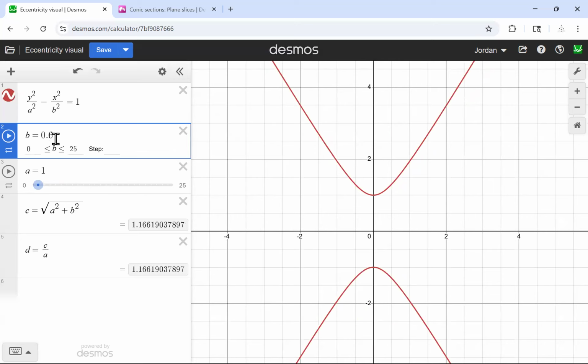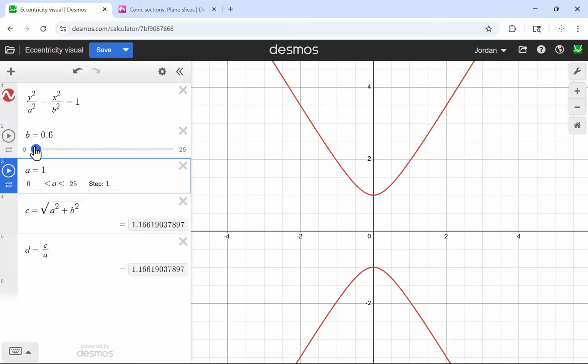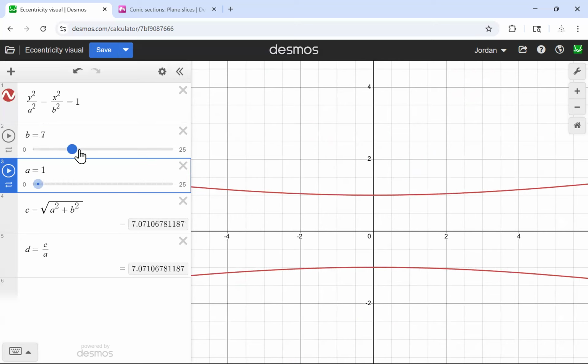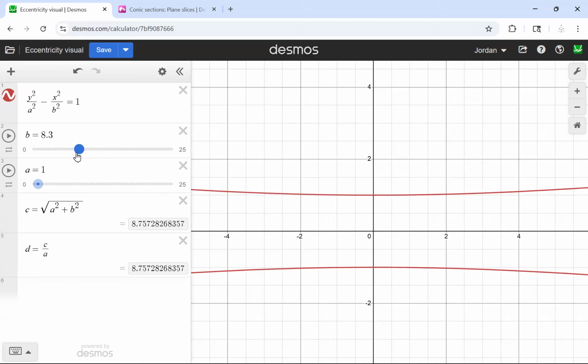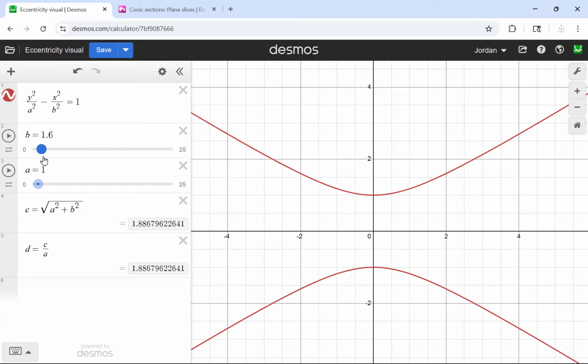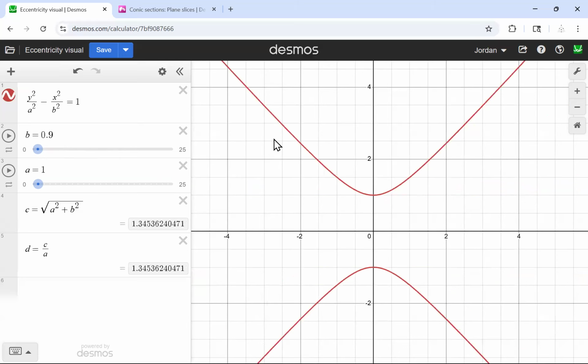Again, as you get larger eccentricities at the turn, these lines look straighter. Okay. So that's what's happening for eccentricity on hyperbolas. And then closer to 1, we bend faster at the turn. They look more parabolic shaped.